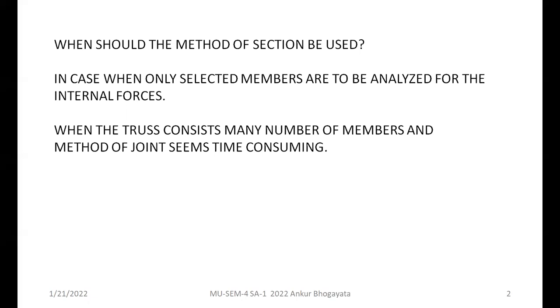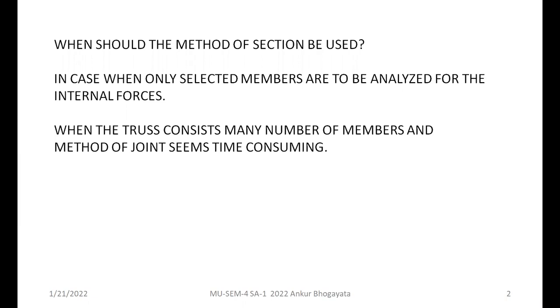As you know, in the method of joints, we used to go to each and every joint and divide the inclined members into sine and cos components, and then we applied the conditions of equilibrium like sigma V and sigma H. The benefit of the method of joints is that it is simple in application, but it consumes a lot of time.